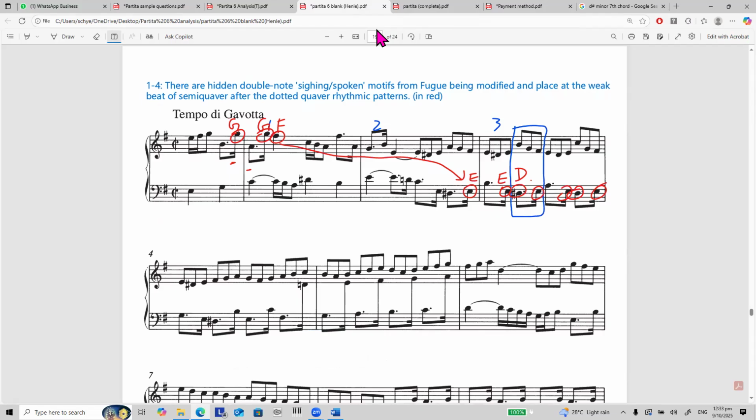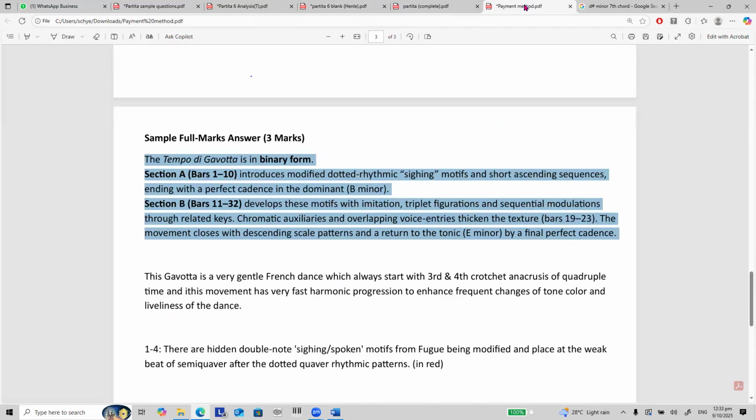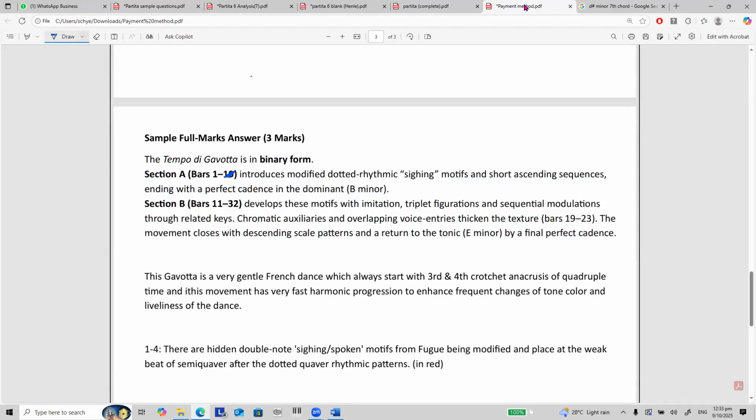So this is section A. It is from bar 1 to 12, sorry, actually it should be bar 1 to 12, and then from bar 13 to bar 32.